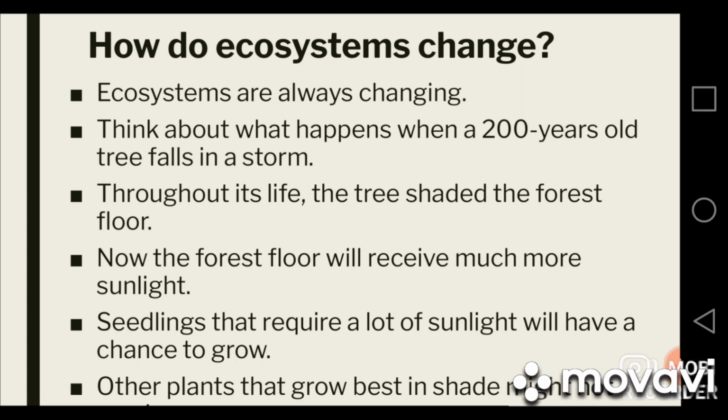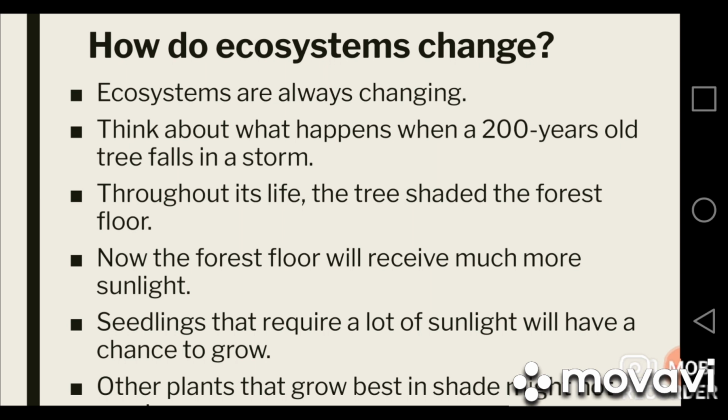There can be different effects on the ecosystem of that fallen tree. Some of them can be positive and some of them can be negative. Positive means some of them will benefit the other animals and plants, and some of them can harm the other animals and plants. Every change has some positive and some negative aspects that are caused in an ecosystem.